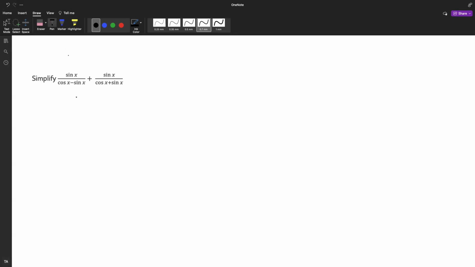Okay, so to go through this one, what we're going to do is obviously first we're going to put everything into one denominator, right? So over here, we're going to do sine x times cos x plus sine x. Now I'm going to show you guys all the steps so you don't get confused.